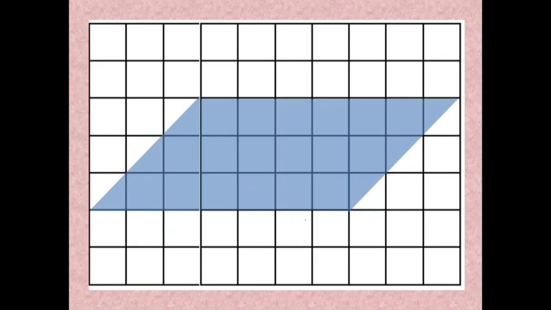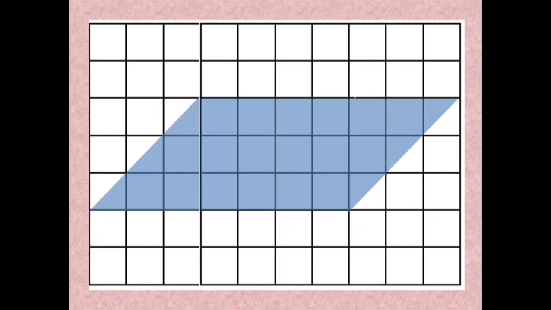Oh, now again I see here that I can cut a part and fix it somewhere so that I get a rectangle. Now just observe, my dear kids. Let me select the other pen so that it's clearly visible to you. Let's use red.